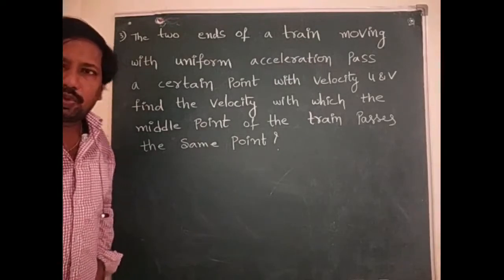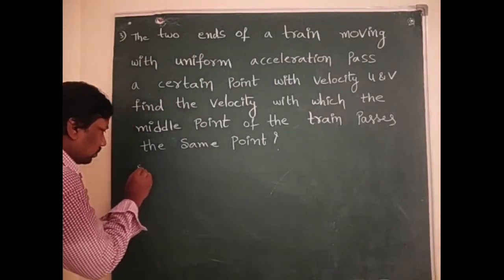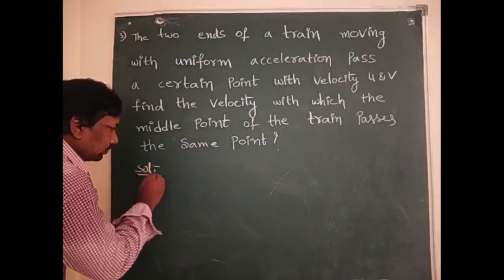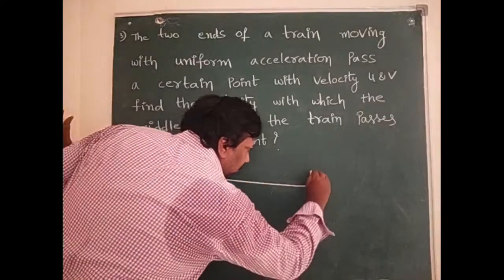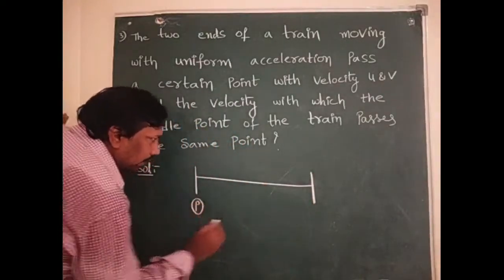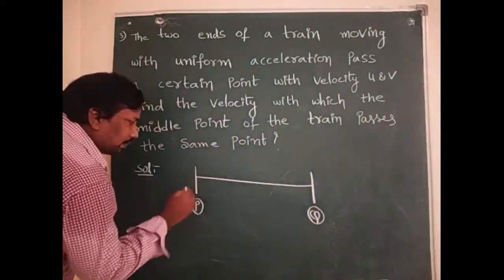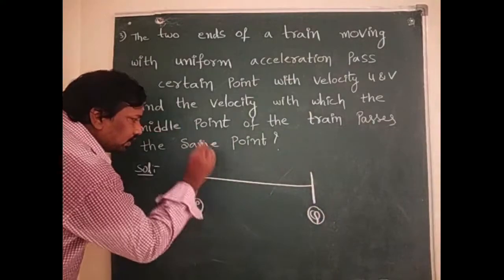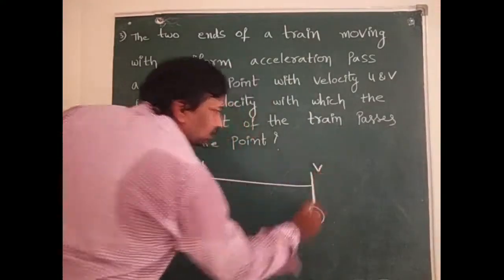Okay, in this problem, here these are 2 points P and Q. Its velocity at point P is u, and velocity at point Q is v.